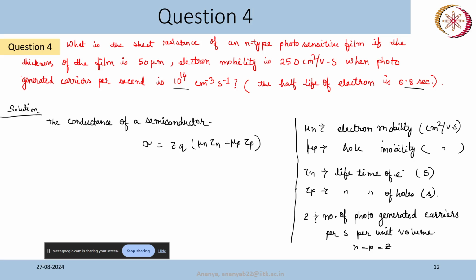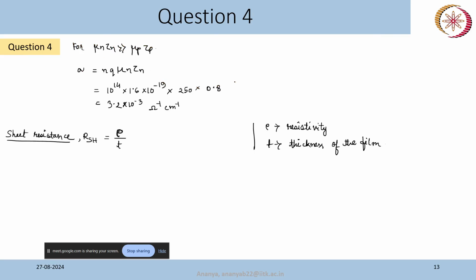So now you can see that the thickness of the film is given, length and width are not given, and we have already calculated conductance, so we can determine the sheet resistance.